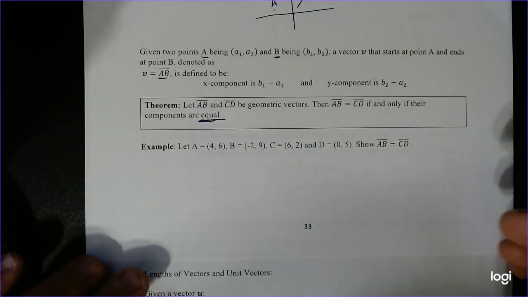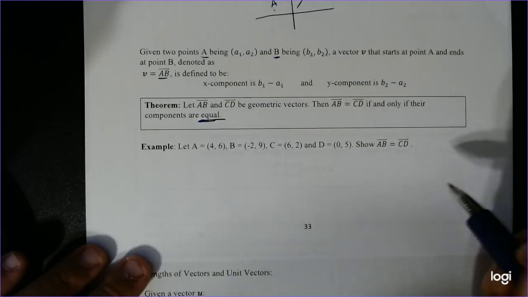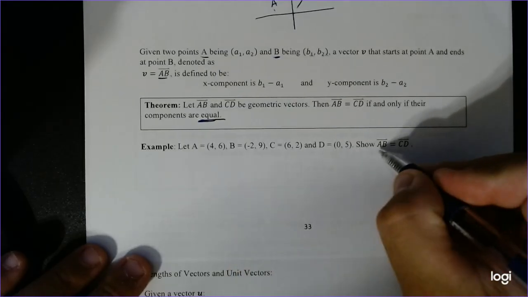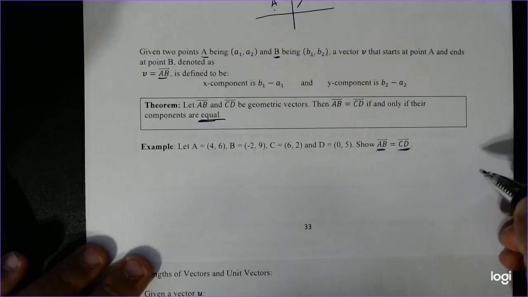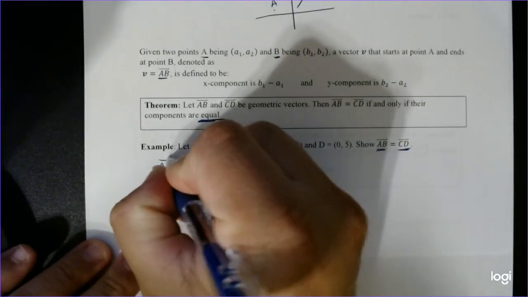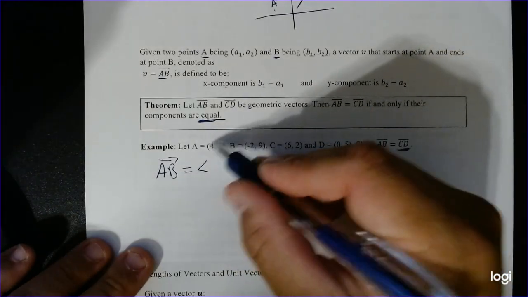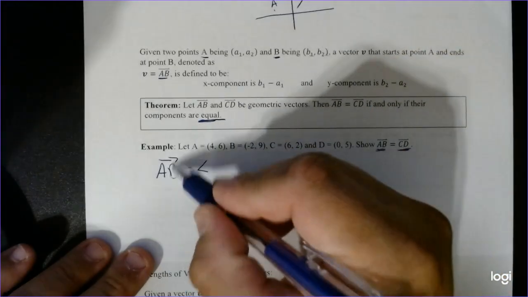Let AB and CD have those points, and we want to show that the vector AB is equal to the vector CD. First, we have to find vector AB. That is endpoint minus starting point. You can see the endpoints here, starting points there.